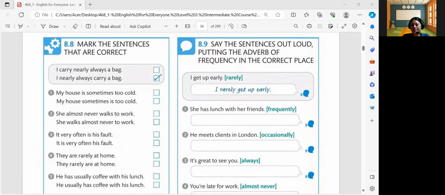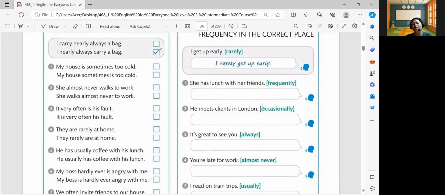Okay, wait for a while. Can you see my screen? Yes. Okay, that's great. So that is 8.9. Let me check first. I rarely get up early. Okay, so that's the answer. So let's start number 1.